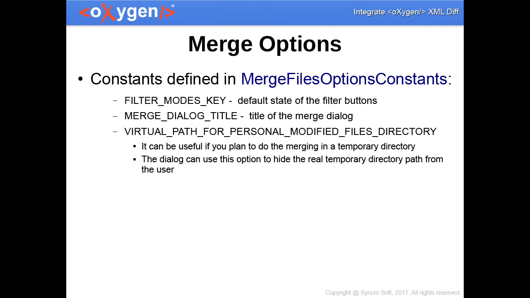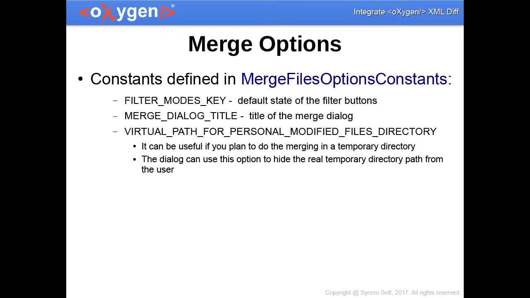So for example, if you want to merge the files in a temporary folder, and when the user clicks the finish button, he will update a project that is on your computer locally, but you want the user to see the local files. You don't want the user to see that the merging is done in a temporary folder. You want him to see the output, where the modification will go, when he clicks the finish button.